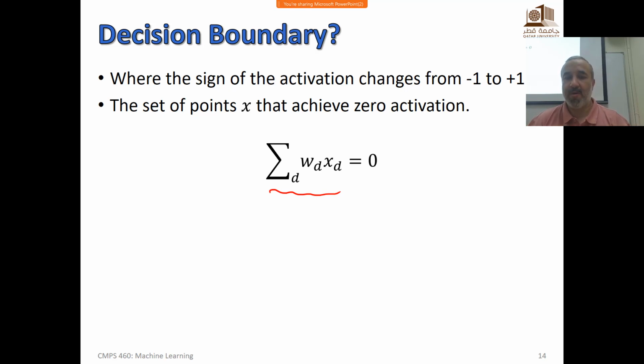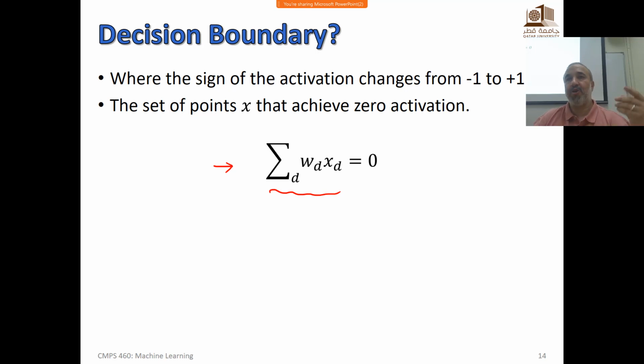Okay, so this is the equation for the decision boundary, right? You agree with me? Earlier, we said that the weights are represented as a vector, and also the features, or x's, feature values, are a vector, right?